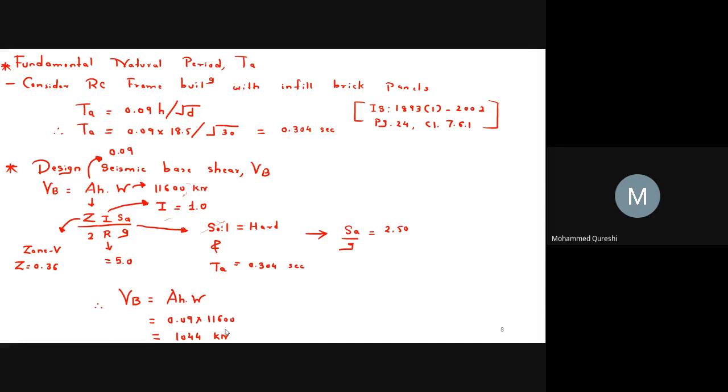Now, this base shear computed shall be distributed along the height of the building as per IS 1893 Part 1 2002, page number 24, clause 7.7. So we will go for the vertical distribution of base shear VB.